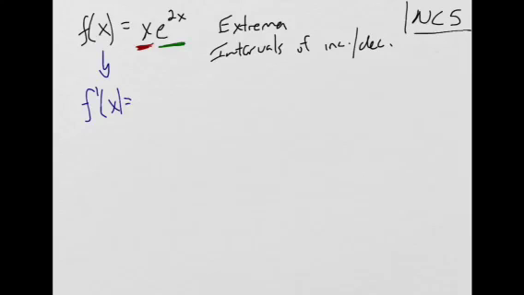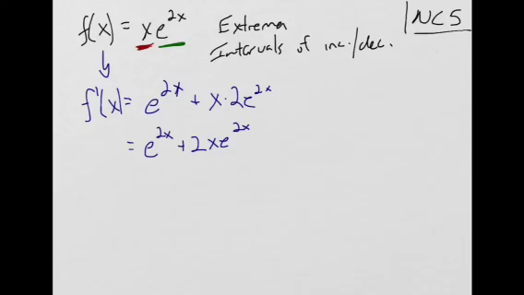So the derivative of the first times the second there is just e to the 2x. And then the derivative of e to the 2x is 2e to the 2x. So what I get is plus derivative of the second times the first, so I get x times 2e to the 2x.